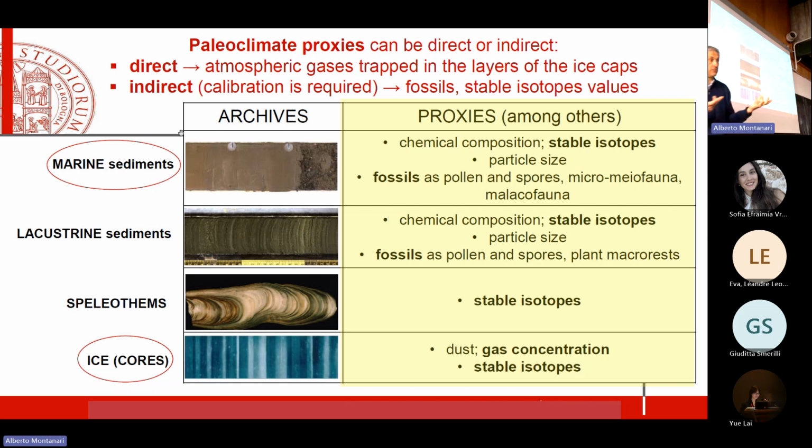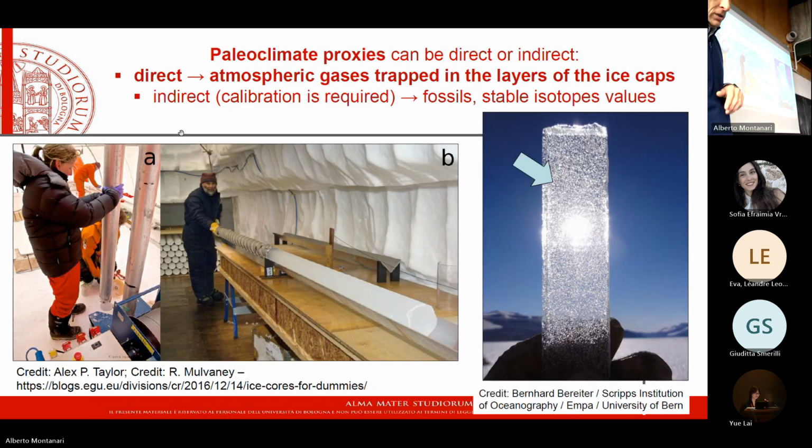This tuning, calibration, entails some uncertainty and entails some procedures that we need to set up. So it's important to make the difference, to mark the difference between what is directly observed and what is calibrated, okay? So, for instance, here you see bubbles in an ice core. We can measure CO2 concentration directly, okay?